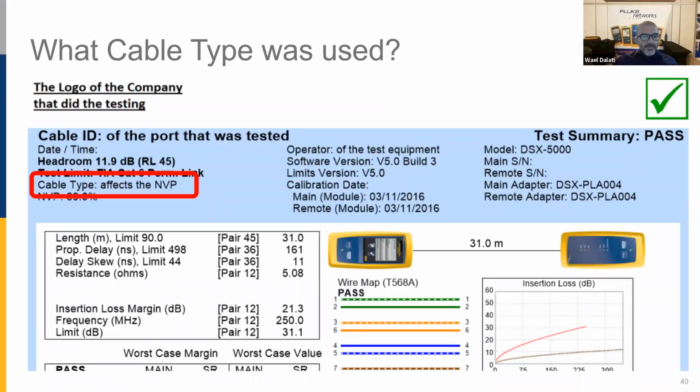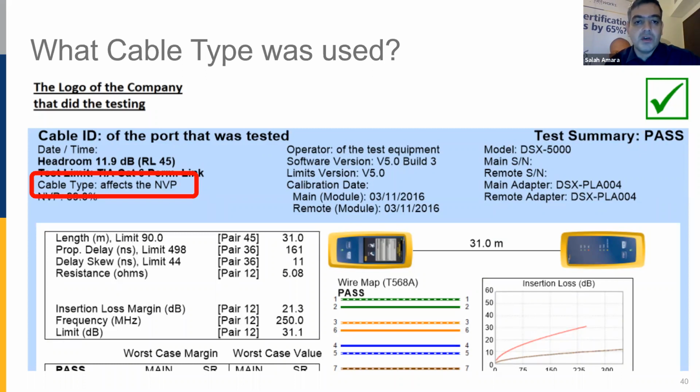Another interesting one, coming back to the calibration date: someone asked, what if I did a test and afterwards I see the calibration was invalid? Can you calibrate the tester and re-certify the test report? No, because when you are doing calibration, there might be some adjustment of the readings.